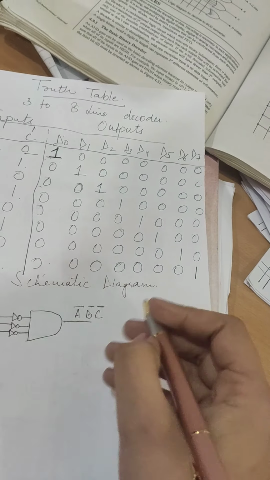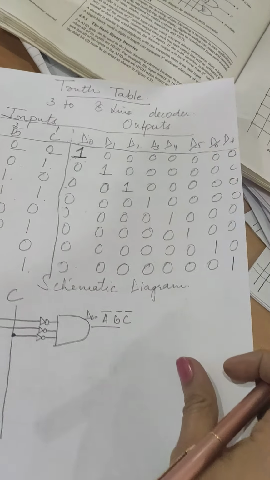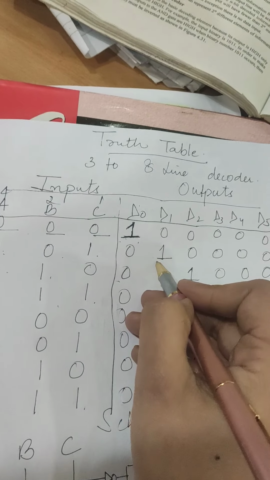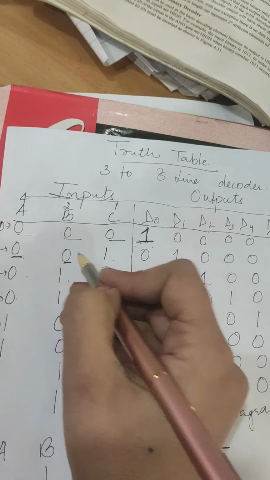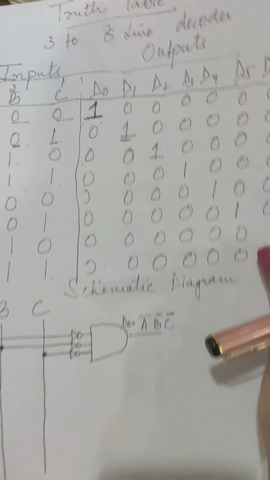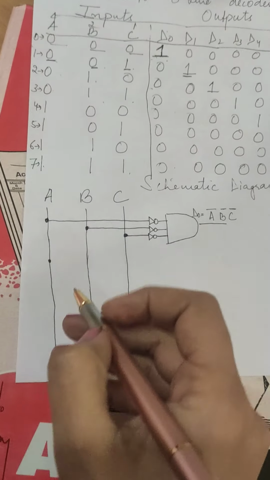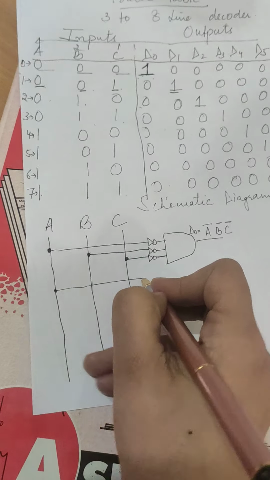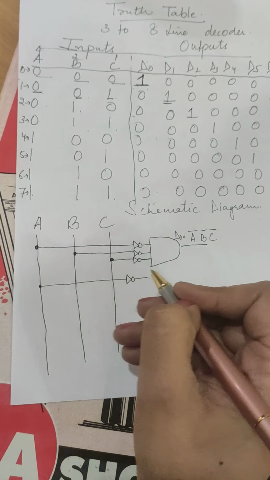In the case of D1, A is 0, B is 0 and C is 1. Since A is 0, we make an inverter gate here.